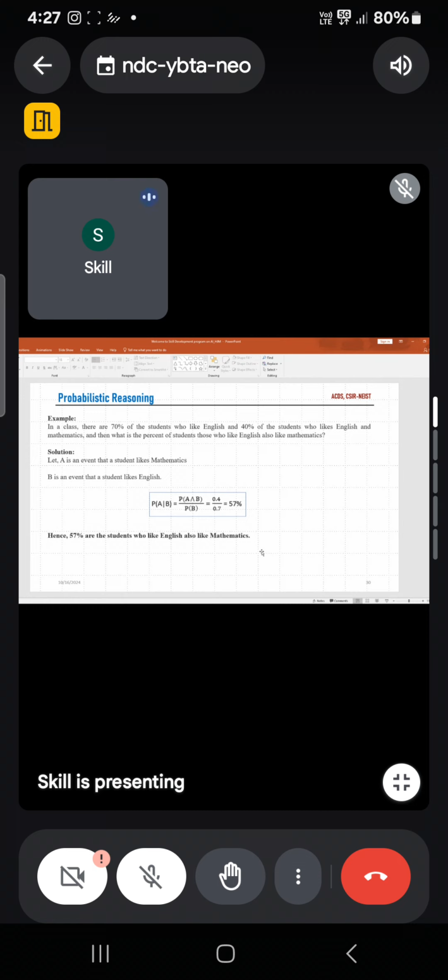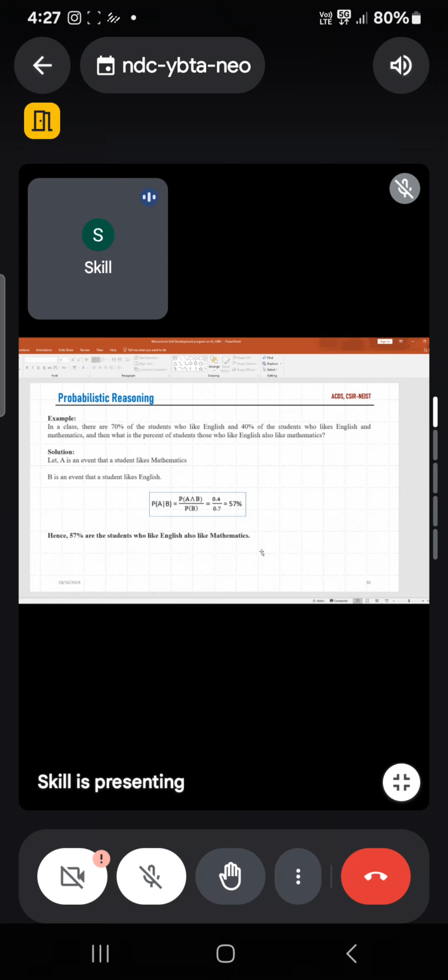So let A be the event that a student likes mathematics, and B be the event that a student likes English. So both we are taking as events before calculating using the Bayes theorem.